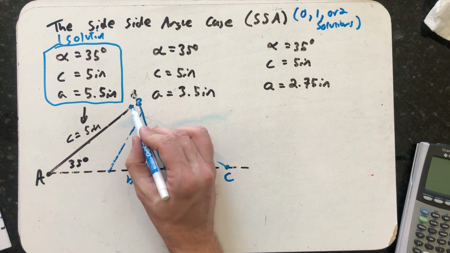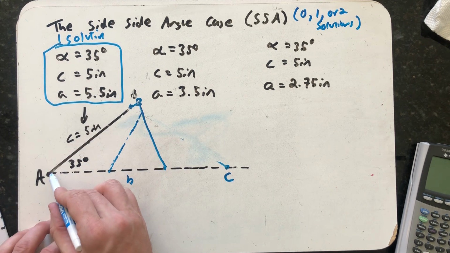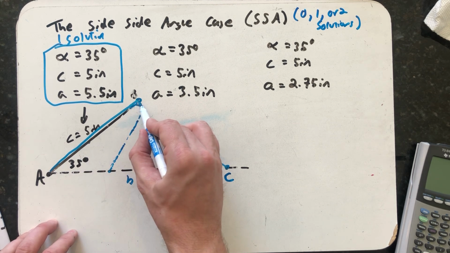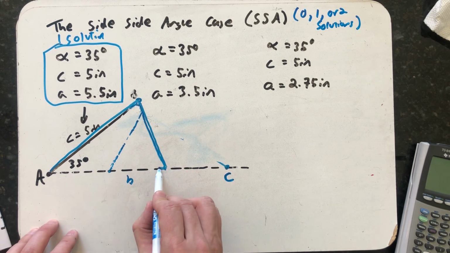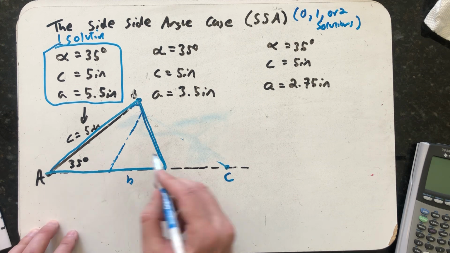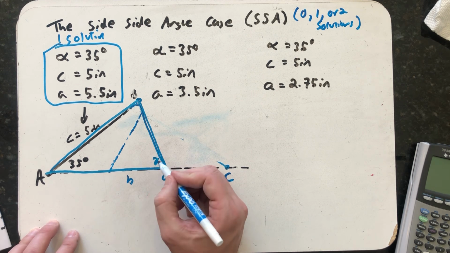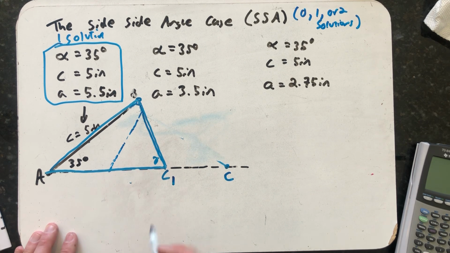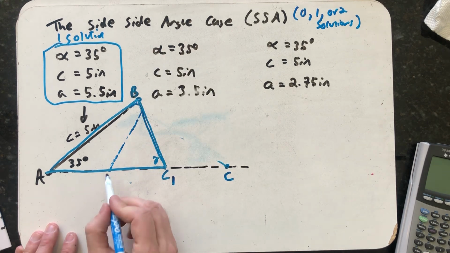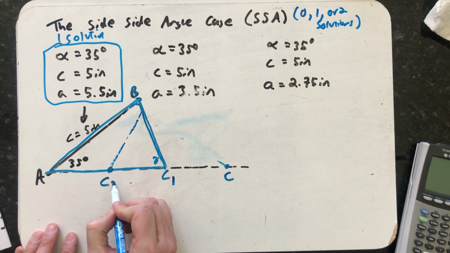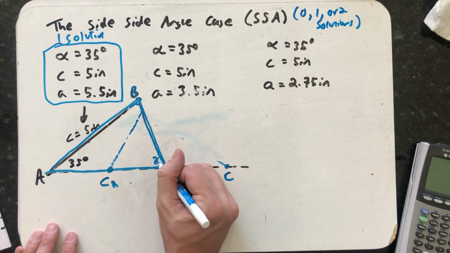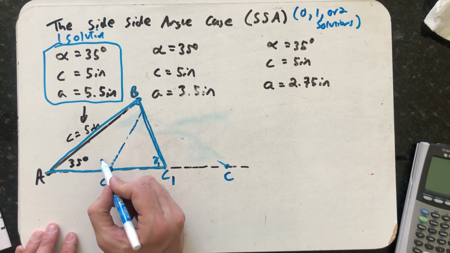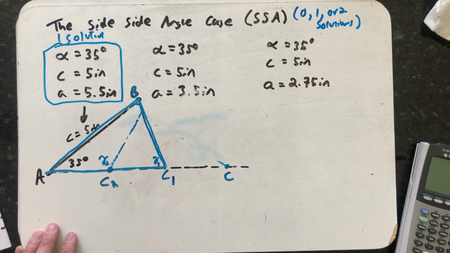And so I don't see one triangle that works, now I see 2. I see this triangle, where over there at vertex C and angle gamma, I have an acute angle, and I could think about that as being called little c1, still have vertex B up here, and then over here there's another point that works, I could call that c2. So I have an acute angle gamma 1, and an obtuse angle gamma 2.